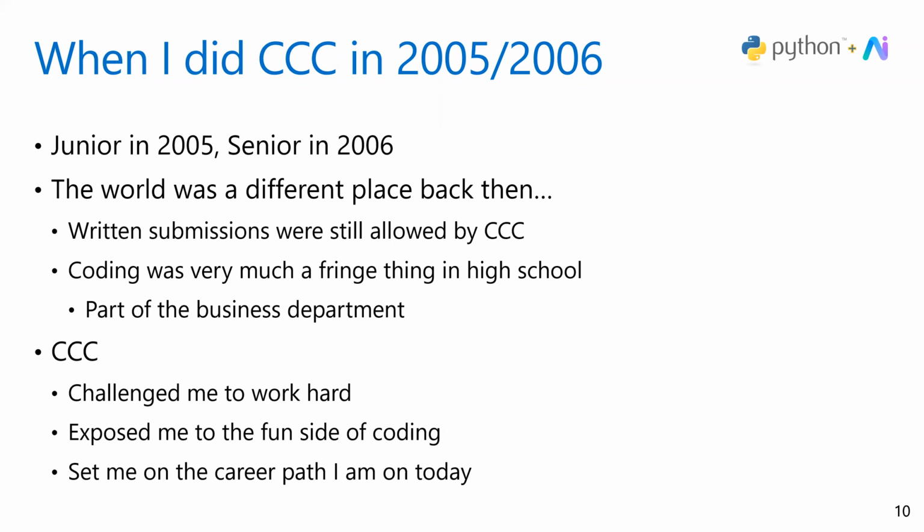Back then, written submissions were still allowed, which is no longer the case. Now you have to have a live internet connection to do it. Coding was a very fringe thing, for lack of a better term, and was actually operated out of the business department. Now computing could have its own department in high schools, so the world's different.